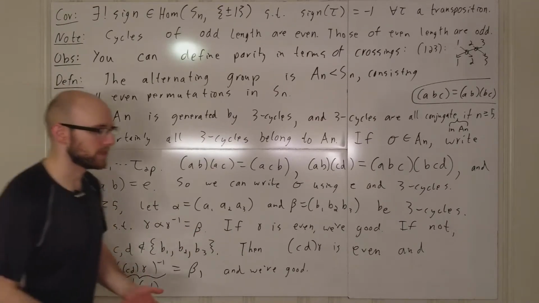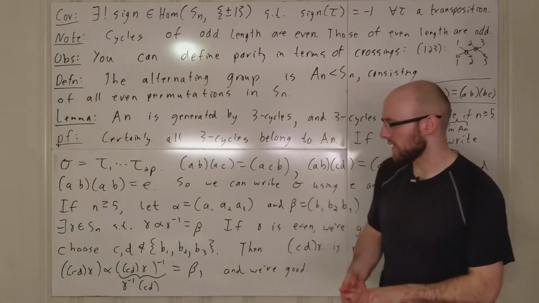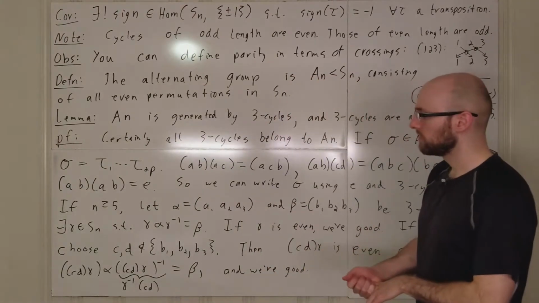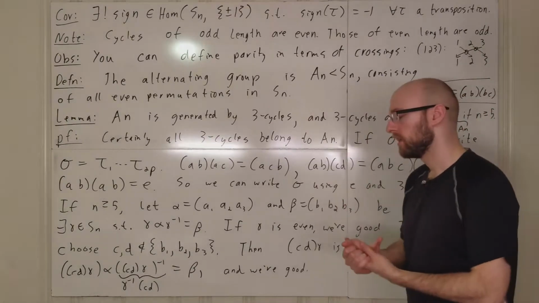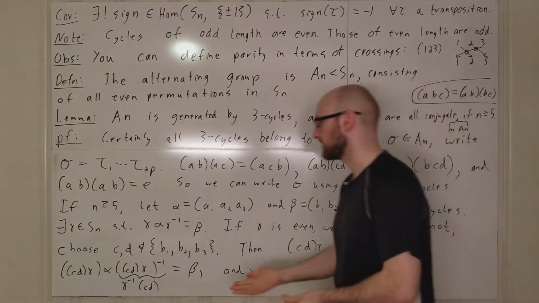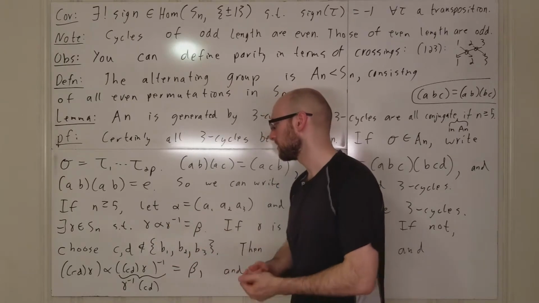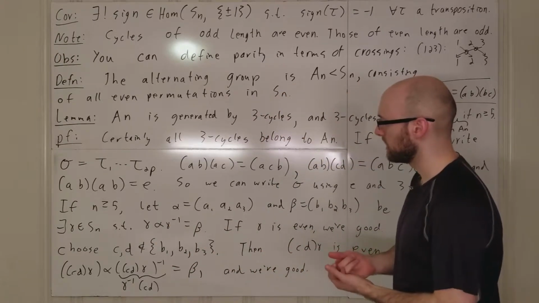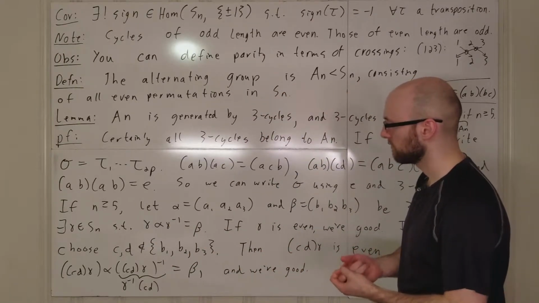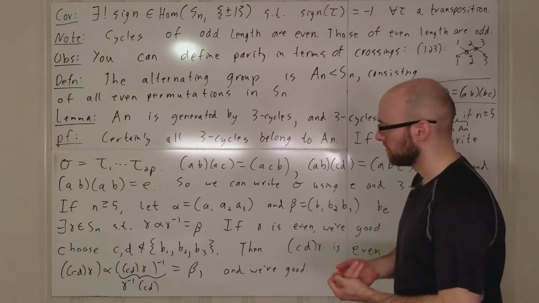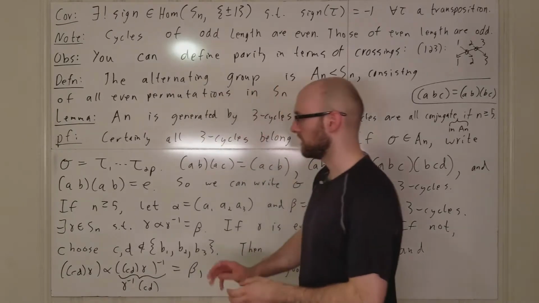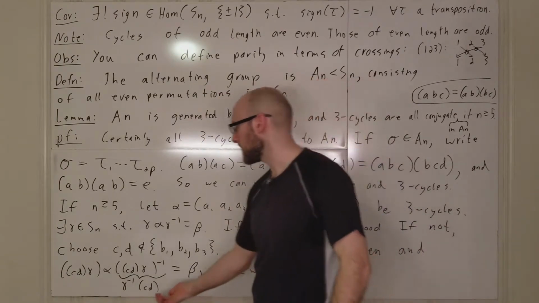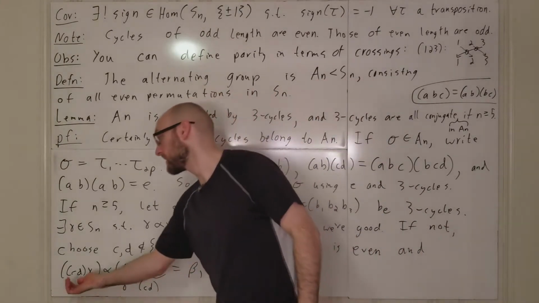And so you use that to your advantage. So you look at any index, and first let's suppose that our index is neither C nor D. Then where is beta going to send this index? Well, if the index is neither C nor D, it'll go right past this CD, and it'll go right past this CD.